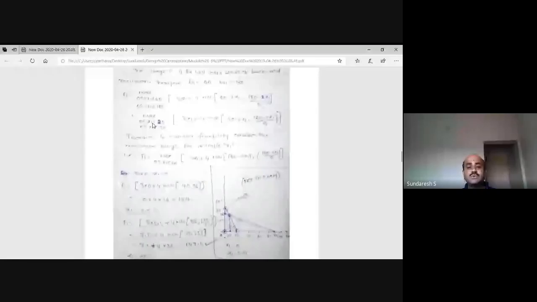Okay, this is how we will choose. Once you choose the minimum range for the variable, now using this expression, we are supposed to take the minimum or optimum values of x1 and x2.